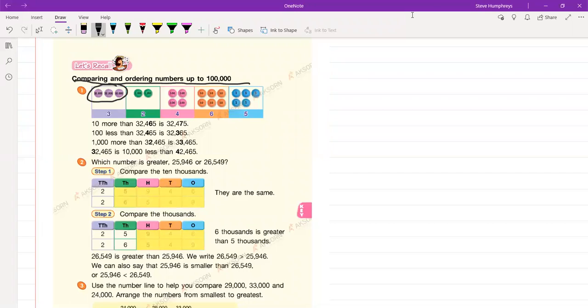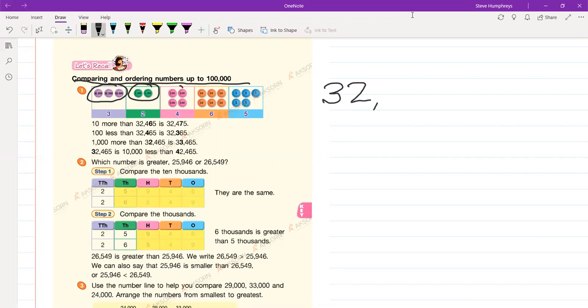We've got 3 10,000 number discs, so it's going to be 30,000. We have 2 1,000 discs, so it's going to be 2,000, making 32,000.